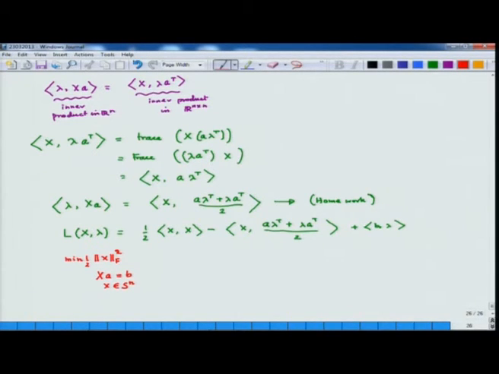Now my optimality conditions, the Karush-Kuhn-Tucker conditions, should tell me something. Note that Sn is just like your Rn, the whole space, so the normal cone to that whole space is 0.